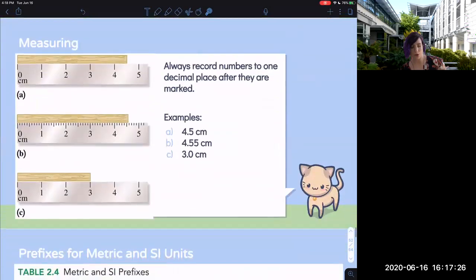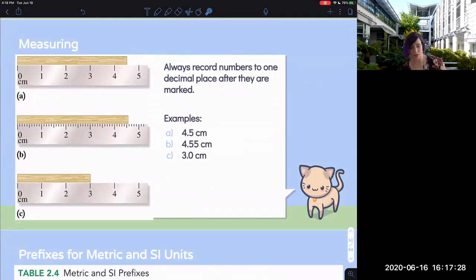So when we're measuring things, you will be given images like this and asked to measure them like you were in the real lab. You always record numbers to 1 decimal place after they're marked. So here in A, the marking is every 1 centimeter. So I'm marked to 1 centimeter, 2 centimeter, 3 centimeter, 4 centimeter.